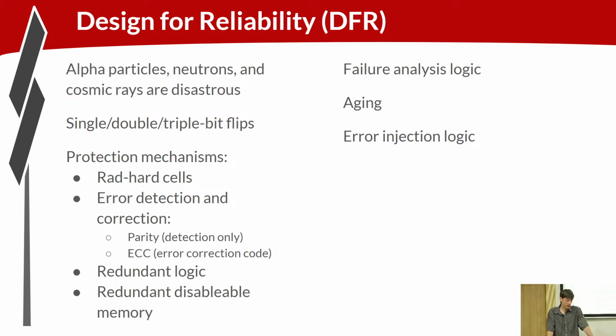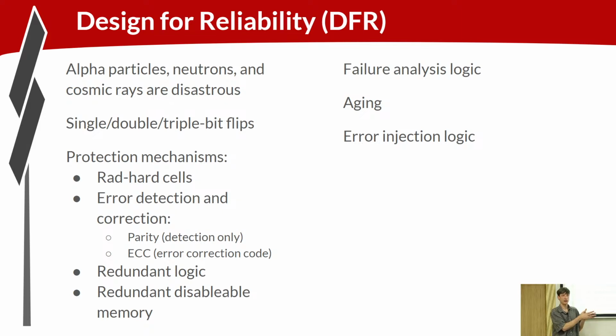Also, back to memories, right? You often have various issues with memories. You might have aging issues where the memory just over time becomes less and less reliable. So when you have these ECC schemes, you also might be keeping track of which memory location went bad, and you can sort of squirrel all this information around and periodically analyze it.